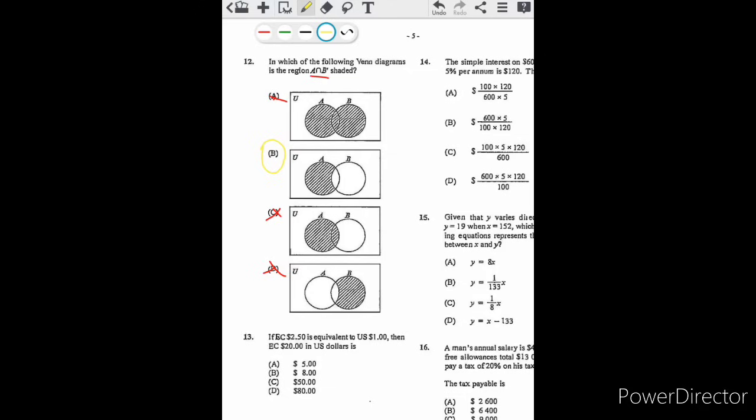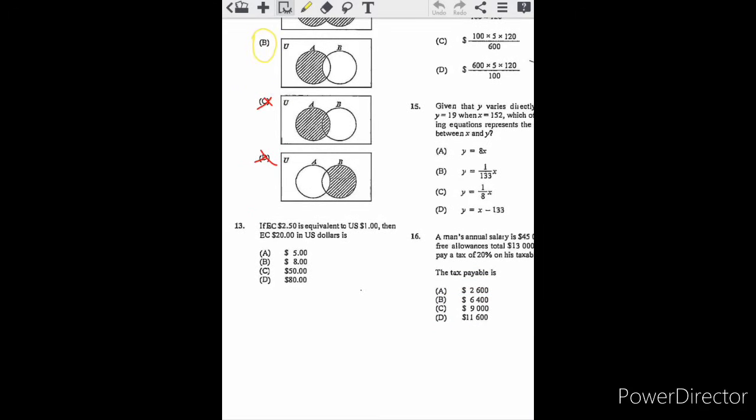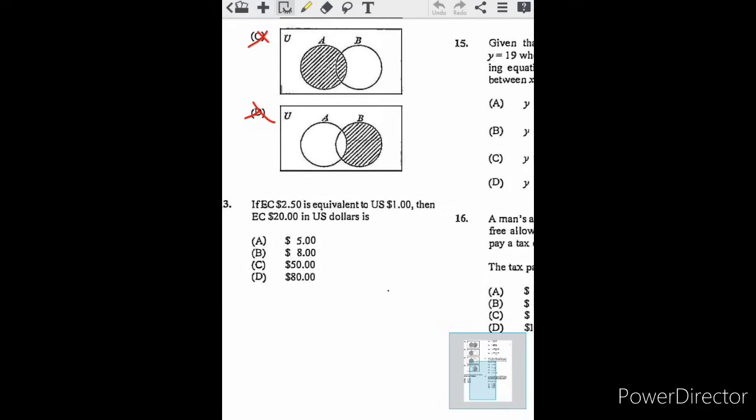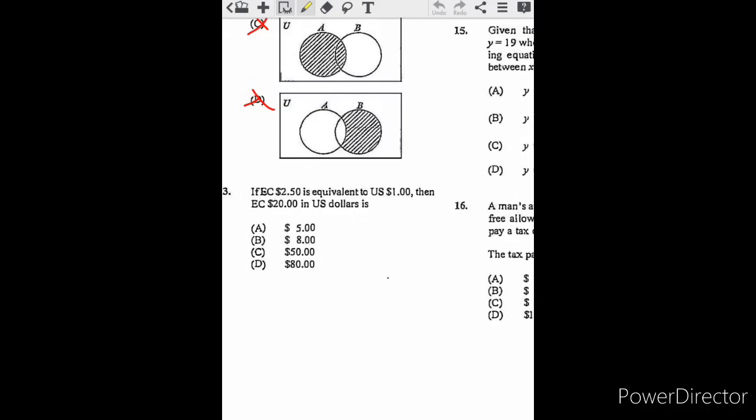Question 13. Let's zoom in a little. There we go. Question says if EC $2.50 is equivalent to US $1, then EC $20 is in US dollars is, so we need to find the equivalent of EC 20 in US.